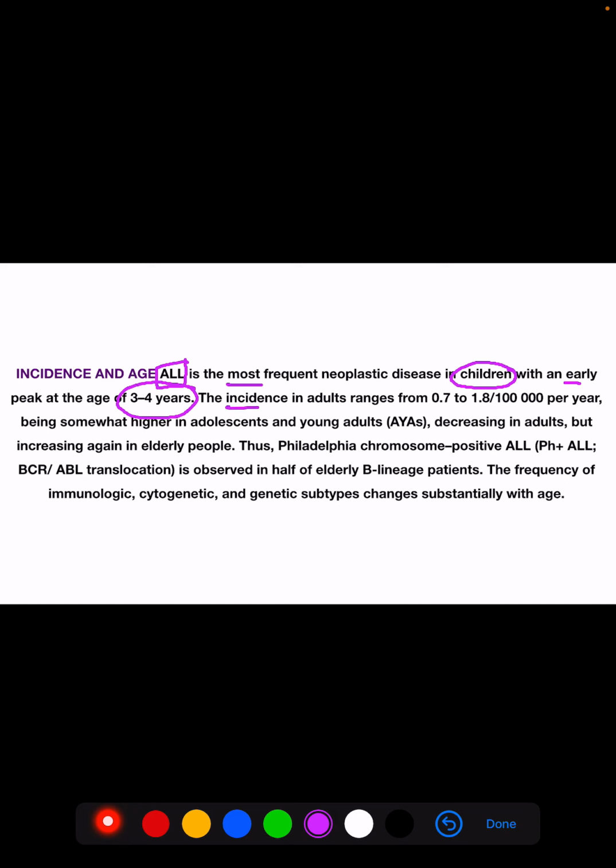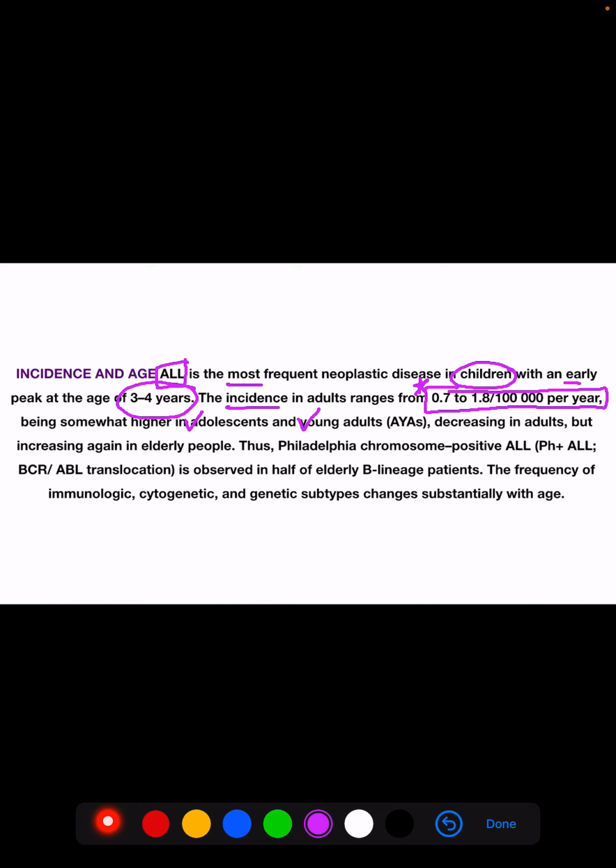The incidence in adults also ranges from 0.7 to 1.8 per 1 lakh per year. This incidence is somewhat higher in adolescents and young adults.